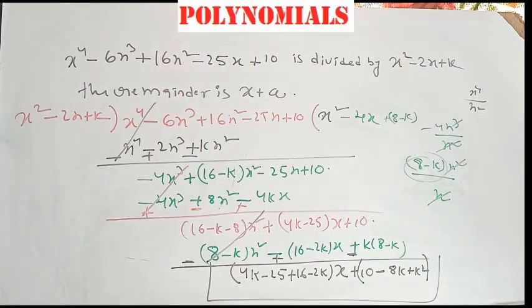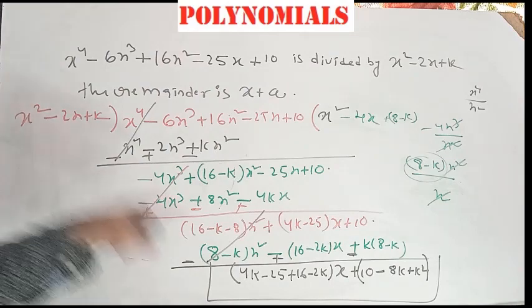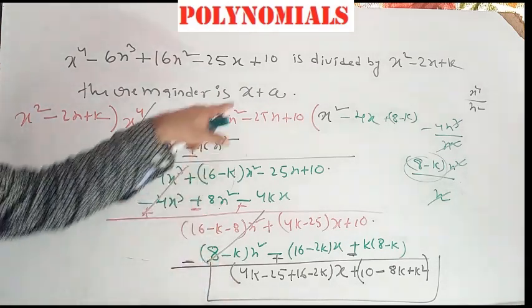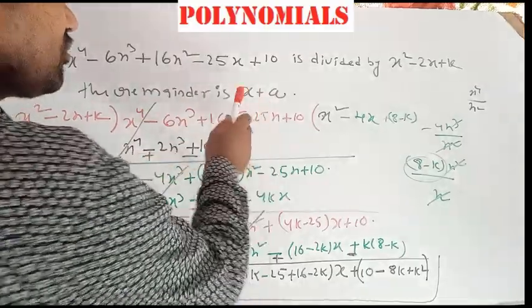The remainder is of the form ax + b, first degree. According to the problem, the remainder is x + a, meaning the x coefficient is 1.